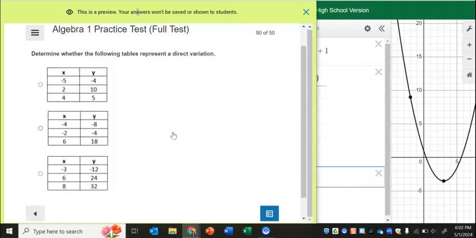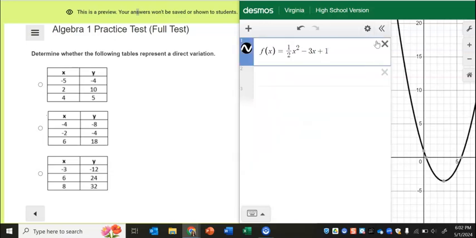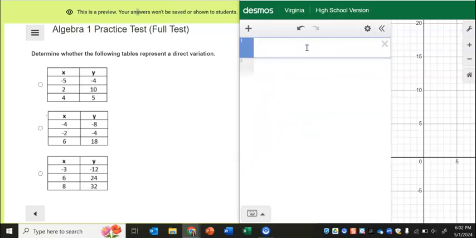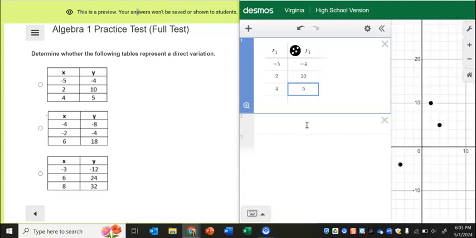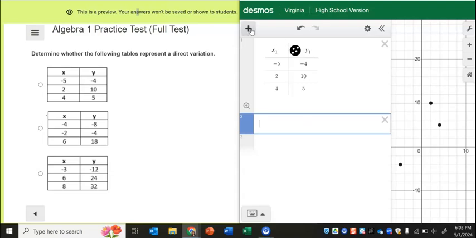It says determine whether the following tables represent a direct variation. The question is written weird, but basically I'm looking for which table has a direct variation. So I'm just going to graph them. The easiest way to do it is to see which has a trend going through the origin. Well, I don't think that's it. Let me check another one.